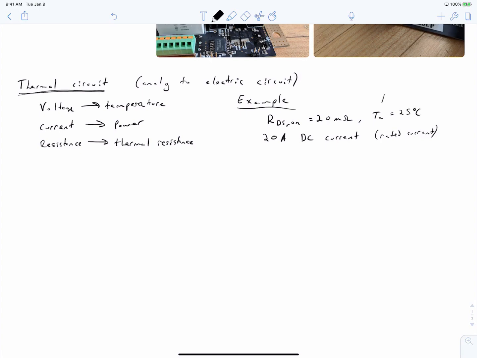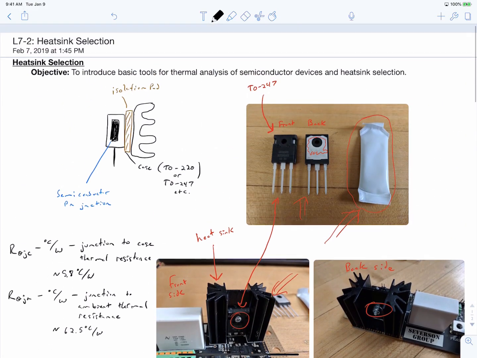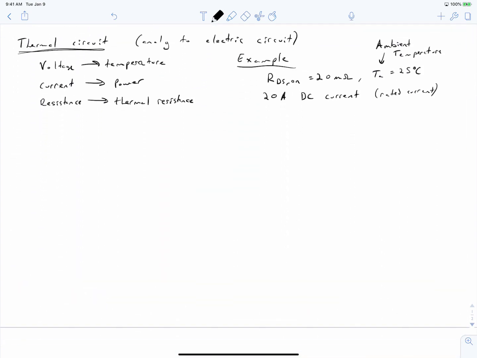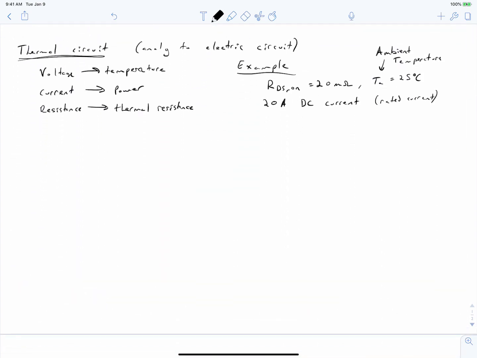So TA is ambient temperature, meaning our room temperature, or the temperature that our circuit is operating in. And 25 degrees Celsius is approximately 70 Fahrenheit. And finally, we're going to assume that we have no heat sink.